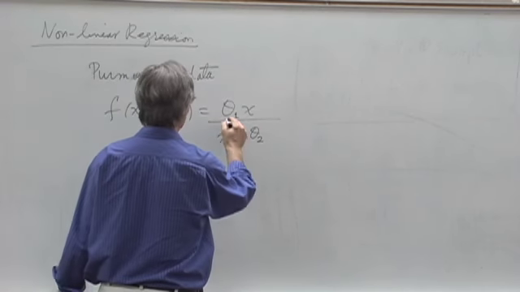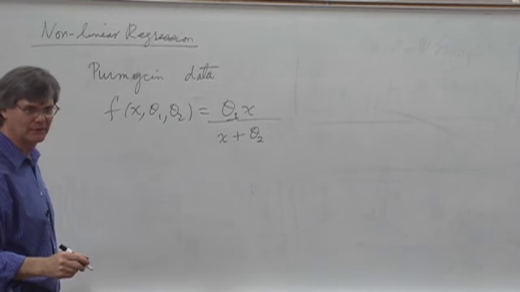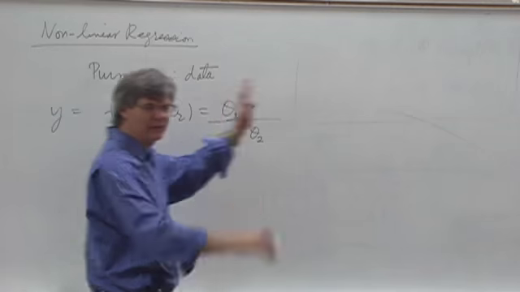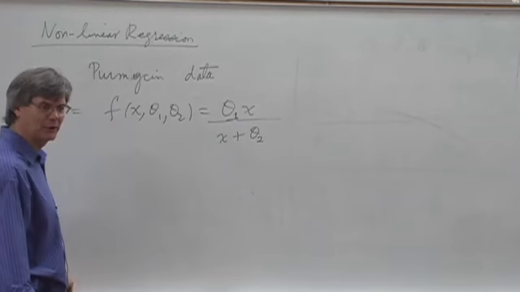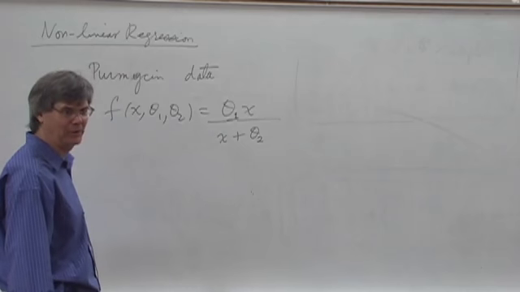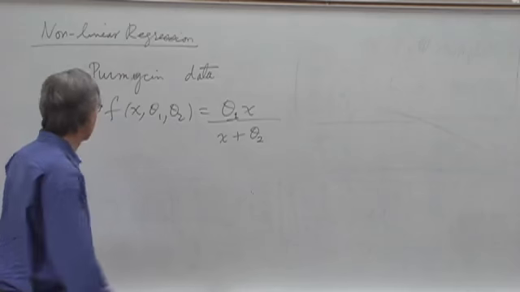Now, it turns out that this regression function was linearizable. If I take y equals this without the plus epsilon, then I can transform this to be a linear function of some transformed variable x, in some parameters. How does that work?